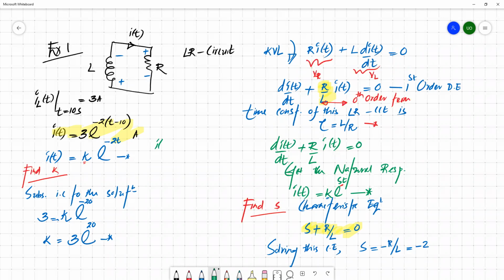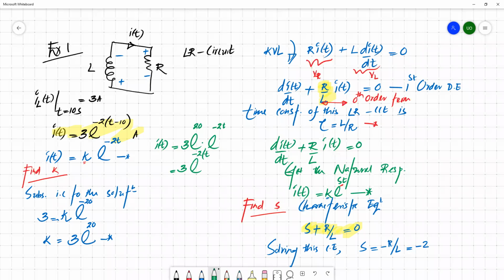Your current now equals k, which is 3 e to the power 20, then we have e to the power minus 2t. If you simplify it further, you can take e to the power minus 2 out, so then you have t here.